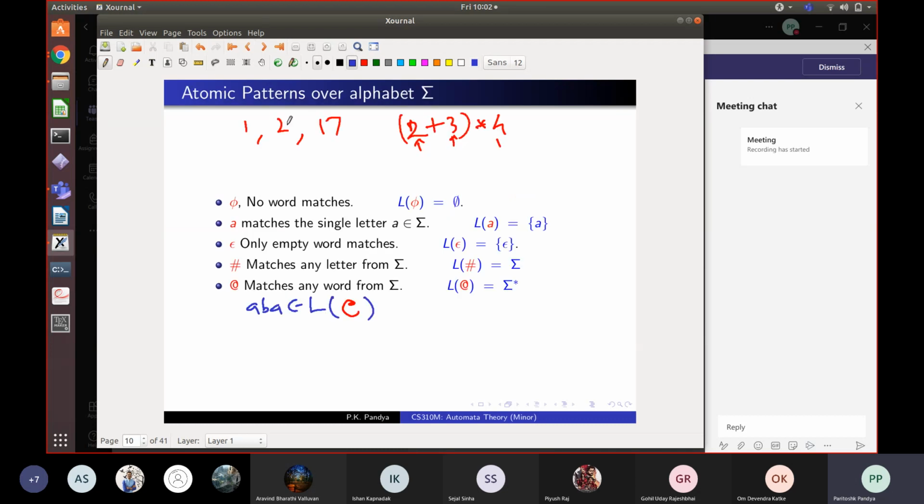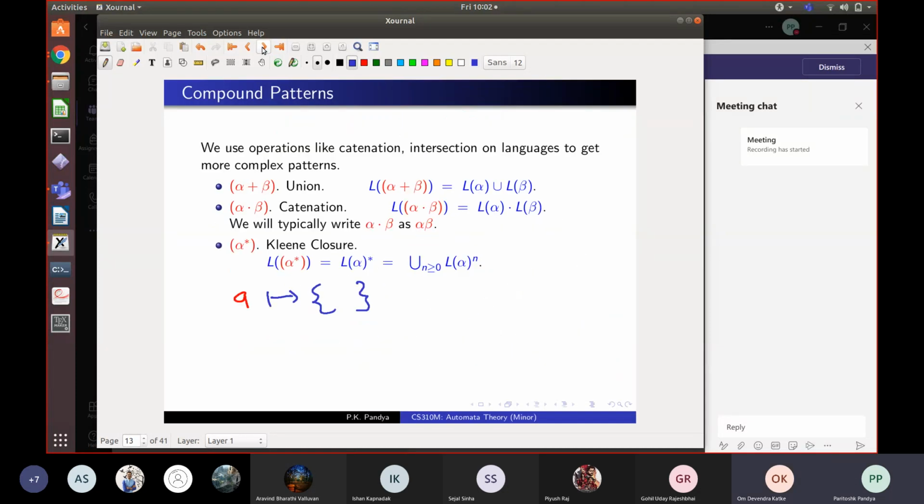We saw it here. Language of A is a set containing a string which is a single letter A, right? Because language is always a collection of words, and so this collection of words has only a single element, and that element consists of a string which is a single letter A. Right?